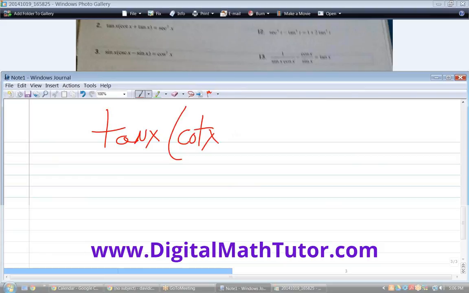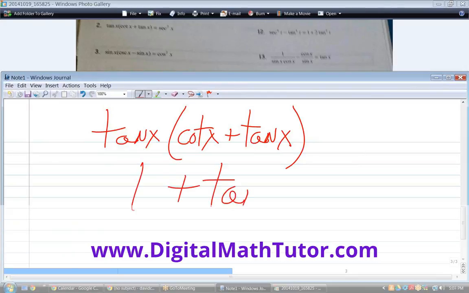The tan x times cotan x has got to be 1. So what does this become? 1 plus tangent squared x. And what's the identity for that? That's going to be secant squared. So secant squared equals secant squared.